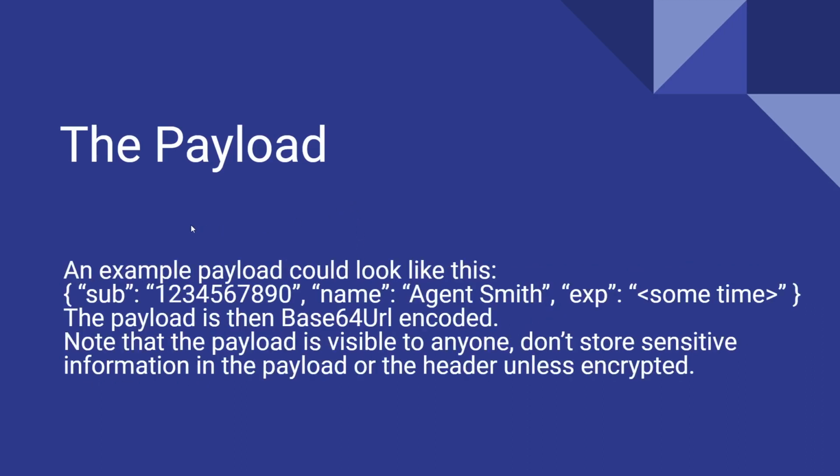An example of a payload could look like this. Here you have the subject, which is something, and the name, which can be anything. You can put Agent Smith, for example, some data. This could be the name, or a combination of the username and email address.